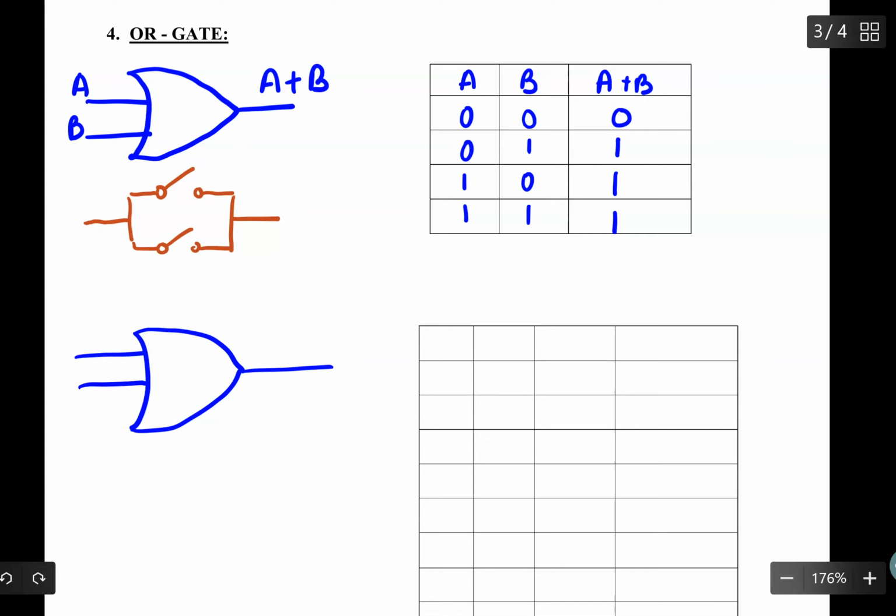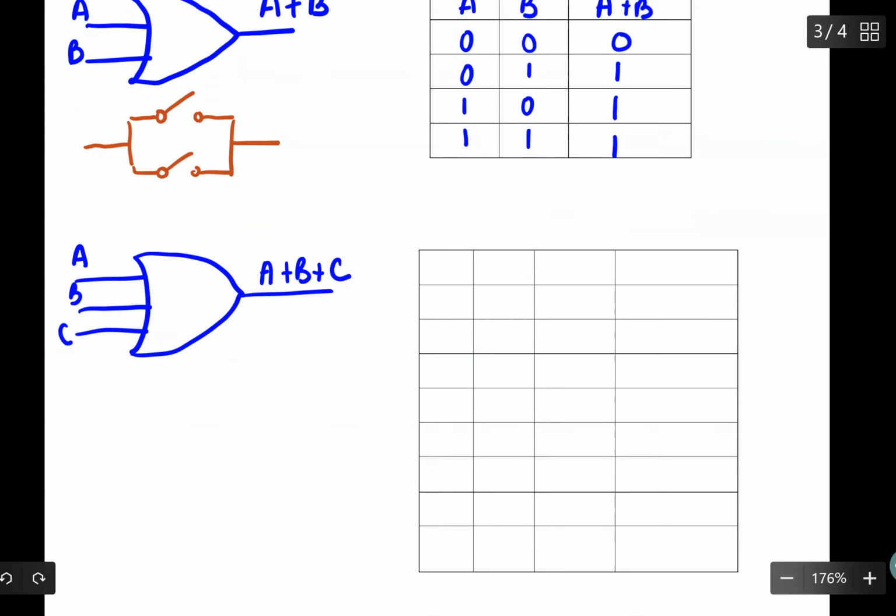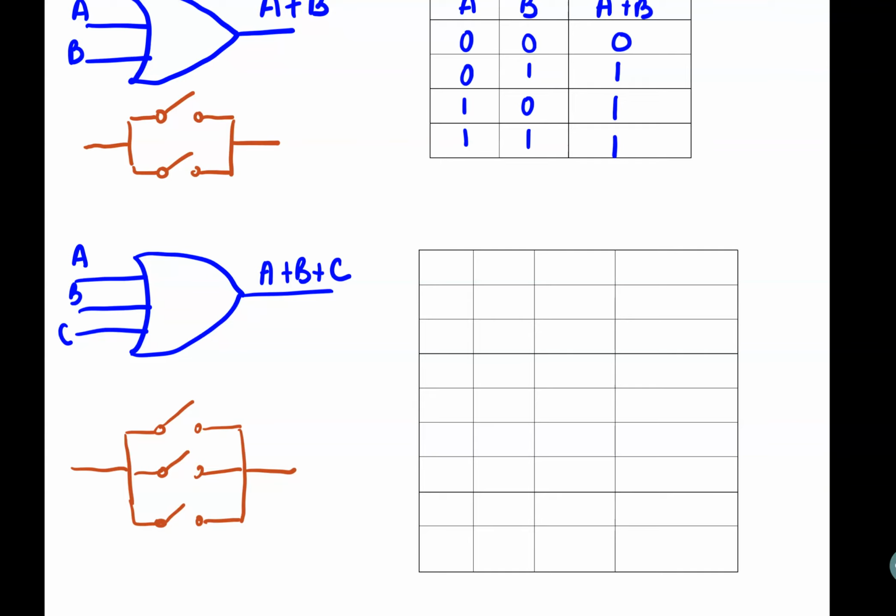I will have A, B, C. Coming out here, I will have A plus B plus C. Again, I would like everyone to visualize that I put these 3 switches in and connect them in parallel. So if I close any of the switches, I still have the signal going through.